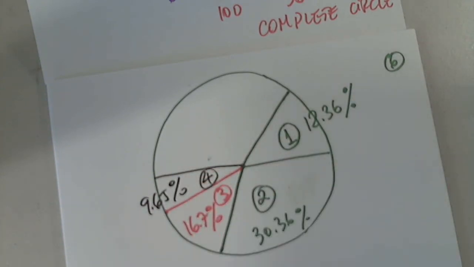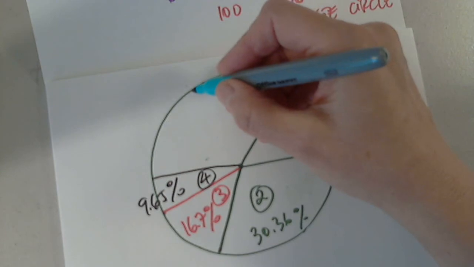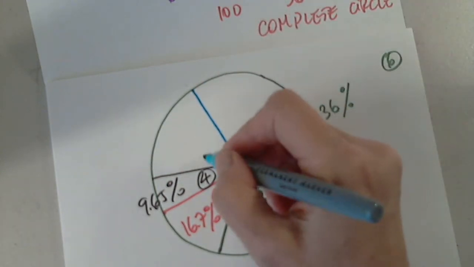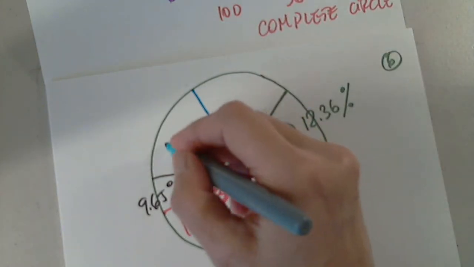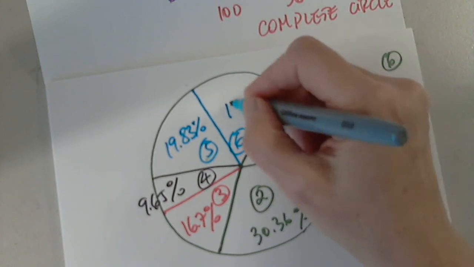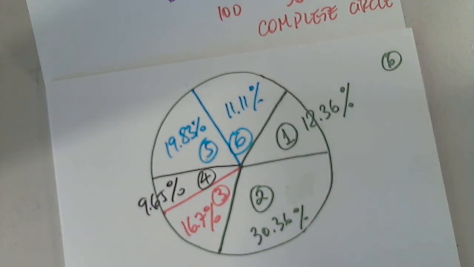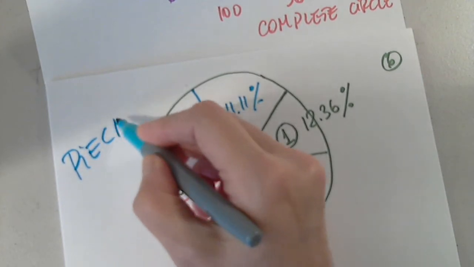And now I move on to category 5, which is 71 degrees. Again, this is perpendicular, but it's much less. So I'm going to say this is category 5. This must be category 6. Category 5 will be 19.83%, and category 6 will be 11.11%. And this is what we call a pie chart.